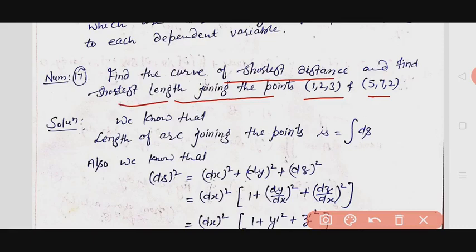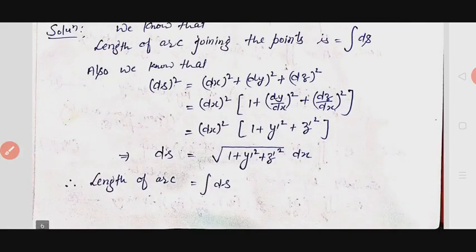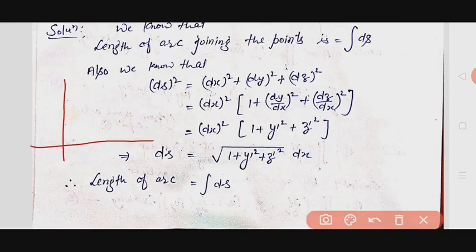Okay, so what you have to do, since length of the arc joining the points is integral of the ds. Ds if you take the small integral. Okay, so I mean small part of the curve. So if we talk about 2D, in the last article we talked about that suppose you have this one and a small part we are taking, that ds.